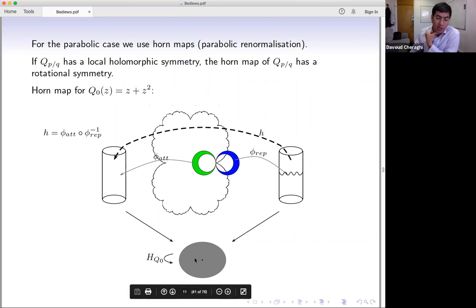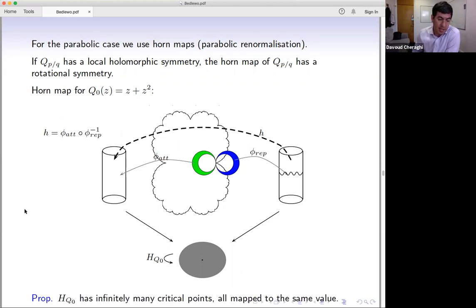Of course, this is a removable singularity, and we obtain this holomorphic map H. Because we know the global dynamics of the map here, one can see that the Horn map, the big H sub Q0, has infinitely many critical points, but all those critical points are mapped to the same critical value.